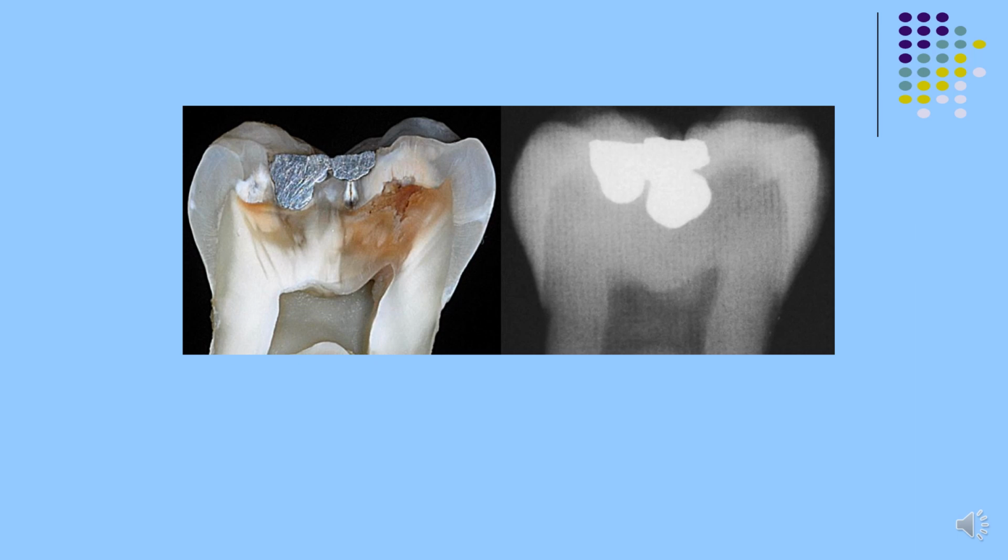Once it has reached the DEJ, it has spread laterally to undermine the enamel in this region near the cuspal region, and we see a large dentinal lesion. If this tooth is left untreated, because the enamel is undermined, eventually there's going to be a large cavitation under this restored tooth. So this is what happens when caries progresses.